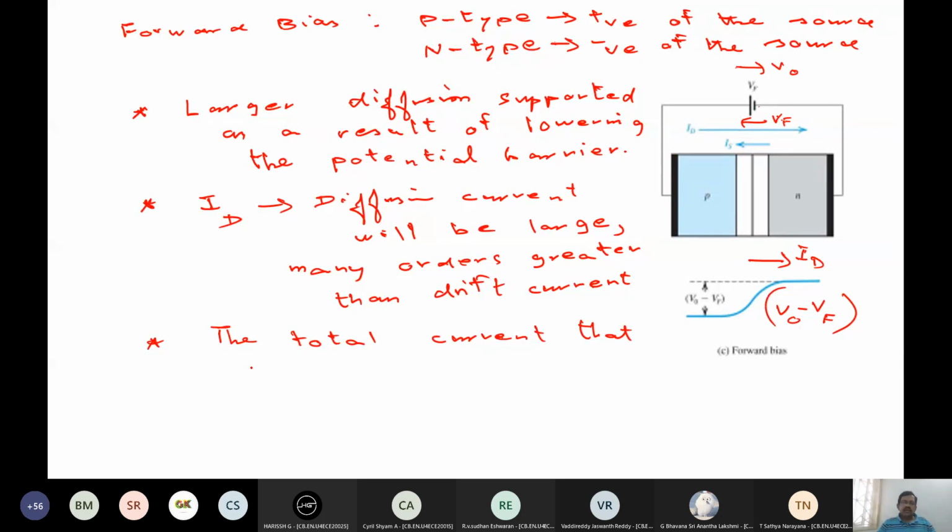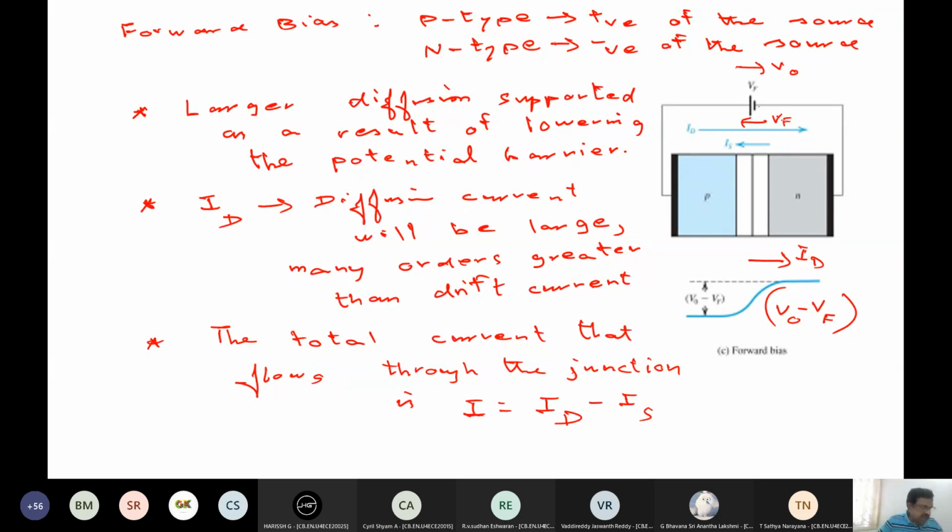The total current that flows through the junction, of course the circuit is now complete, is I equal to ID minus Is. Now if Is is 3 orders lower, all the current will be due to the diffusion only. So the diffusion is greatly supported under forward bias. That is why we say the PN junction conducts under forward bias.